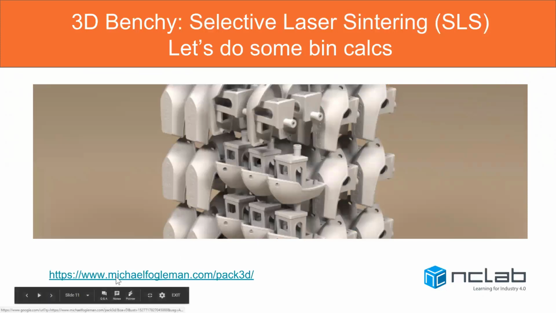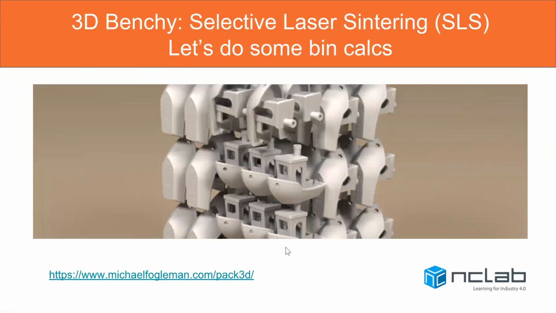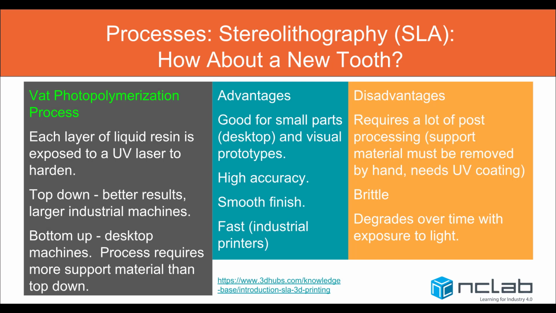There's a link here to the guy that actually produced this photo, and he's sharing his code, how he packed it, and he's involved in this Formlabs desktop benchtop printer that Formlabs is developing. So this is the advantage of SLS.